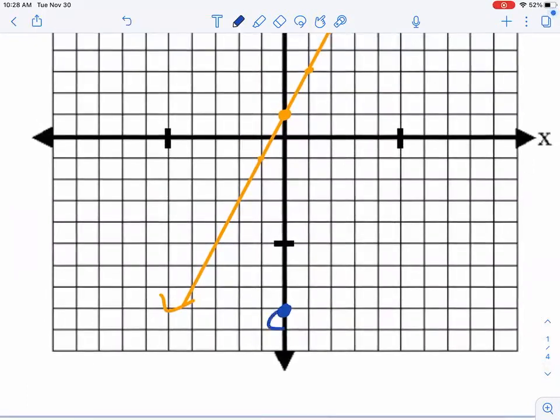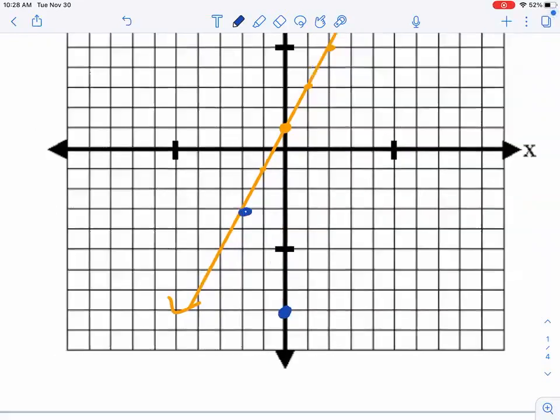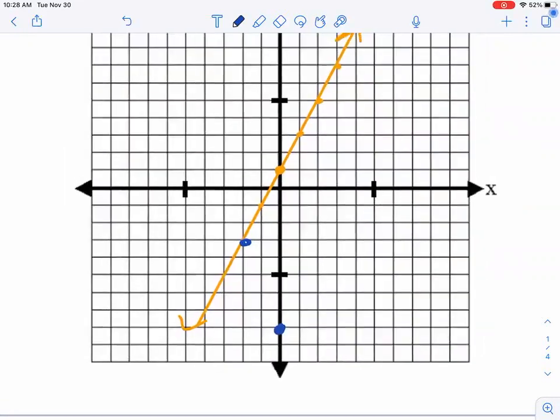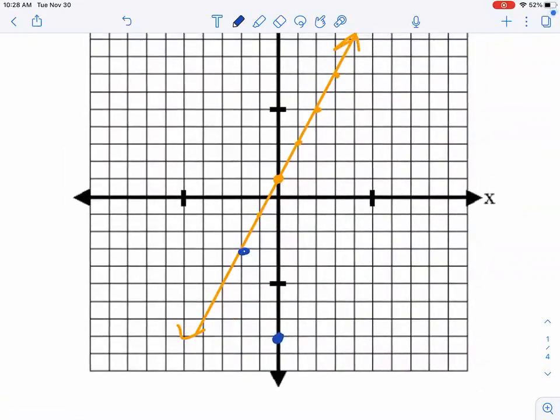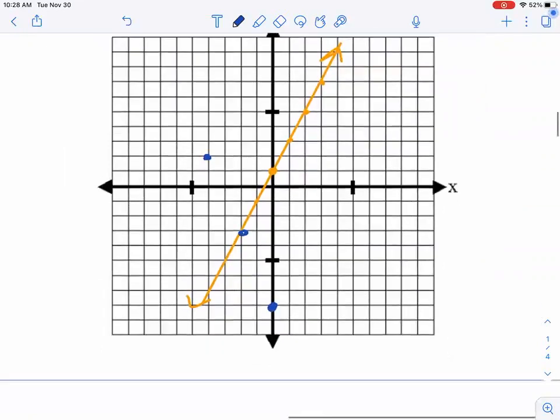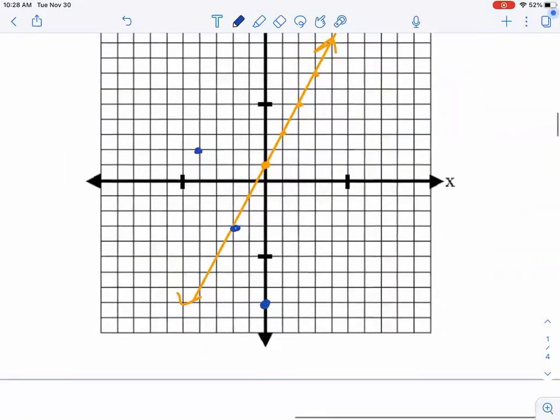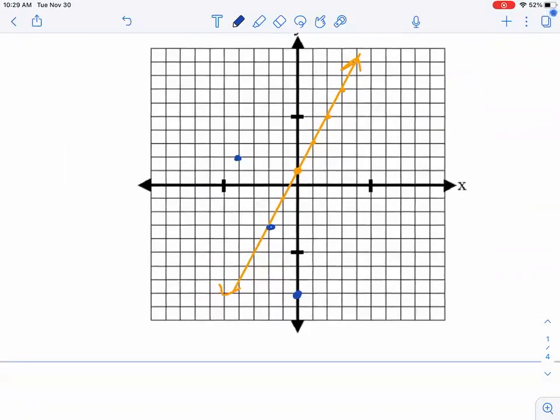So if I go down 5 and over 2, I go off the screen. So I'm going to go up 5, but I have to remember to go over 2 the other way to get my next point. Because it's a negative, exactly. Because I have to make sure when I draw this blue line that it's going down from left to right, okay?